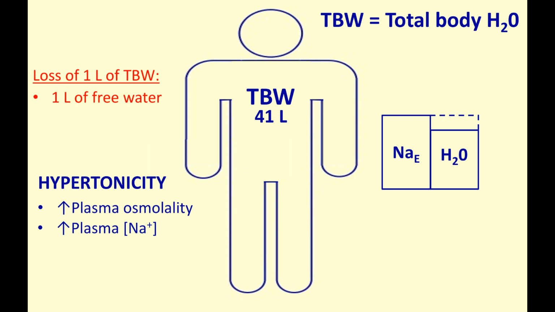So when a person loses pure water, volume status remains about the same, but hypertonicity occurs. If the person loses both sodium and water, so isotonic fluid, then there is no problem with hypertonicity, but hypovolemia will occur.